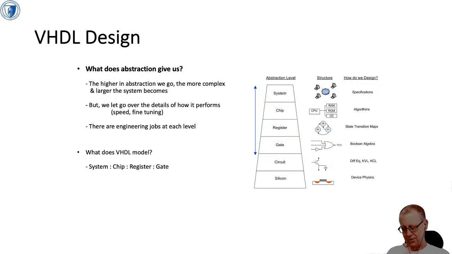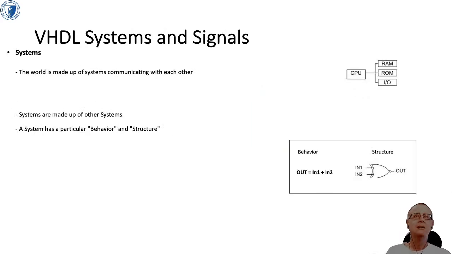So, what does VHDL do? Well, one way to do VHDL is the same way we work with Multisim, and that's the schematic way. The tools that use VHDL, or that allow you to use VHDL, split the way to do things between a behavioral approach and a structural approach.